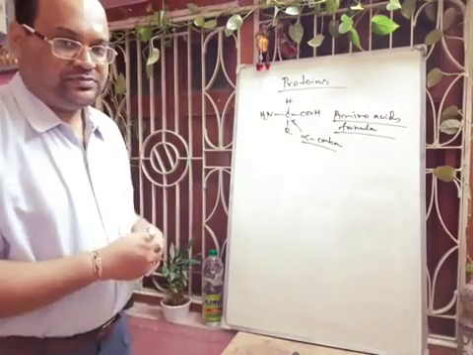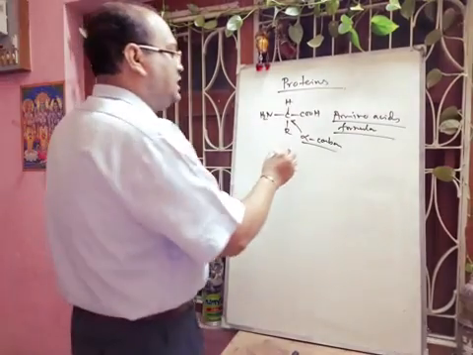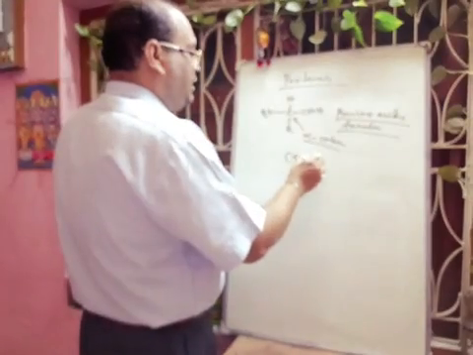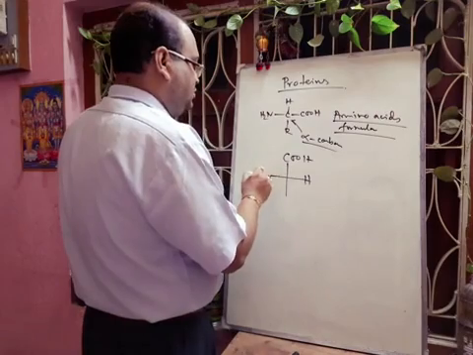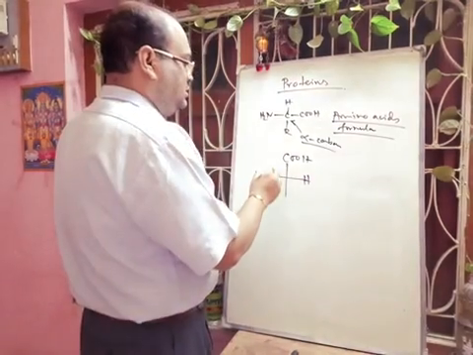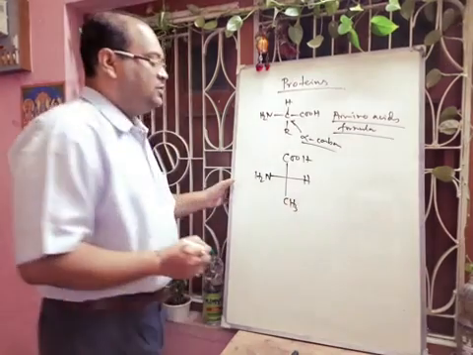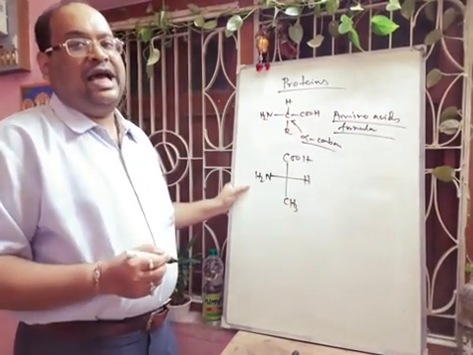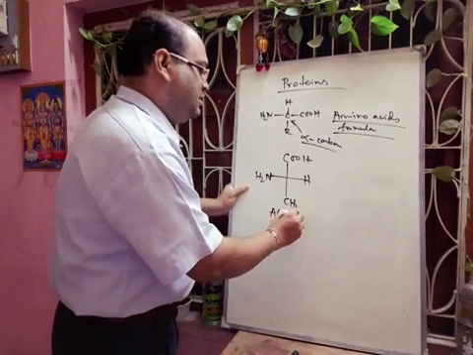Suppose we write the structure of alanine, then you can easily understand: COOH on top, here will be H and here will be NH2, and at the bottom there will be CH3. So this is the structure of alanine, an amino acid.